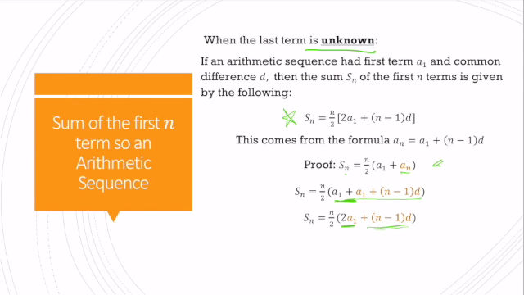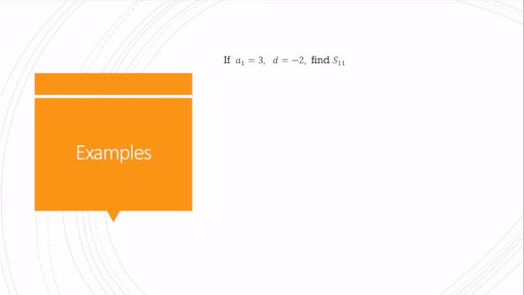So let's go ahead and use this equation in an example. So I want to find the sum of the first 11 terms, but I'm only given my first term. So I have s sub n equals n over 2 times 2 times a sub 1 plus n minus 1 times the difference. So s sub 11 is going to give me 11 over 2 times 2 times a sub 1, which is 3, plus 11, right?